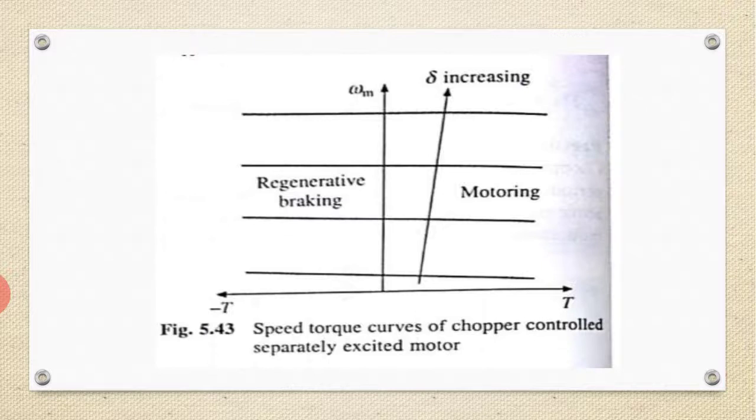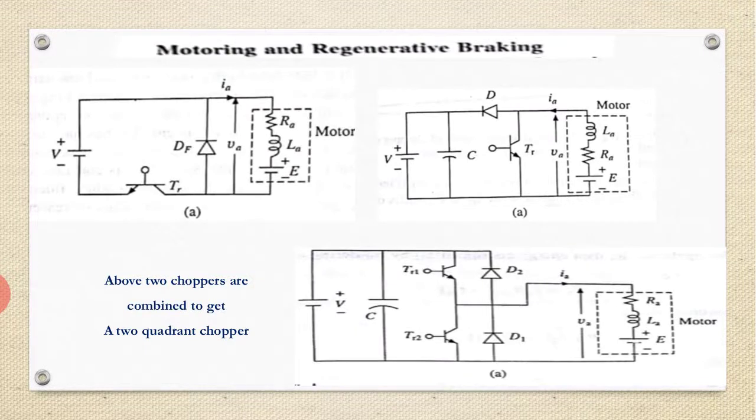So now, I have just discussed the regenerative circuit, the second circuit, which cannot be implemented because the diode is in reverse bias. It is only for explanation purposes that we discussed it separately. Now if you want both motoring and regenerative braking operations simultaneously, what you have to do here: the first figure is the motoring operation, and the second one is the regenerative braking.